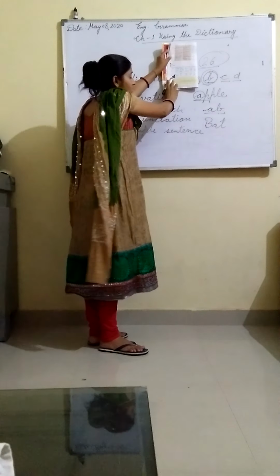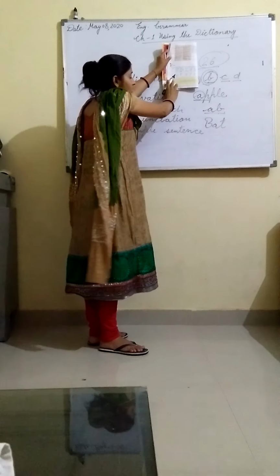Today's exercise on your page number 3 is A: circle the words which appear immediately before the highlighted words and underline the words which immediately follow them in a dictionary. One has been done for you. Here you are getting some highlighted words, for example, iron, email, office.